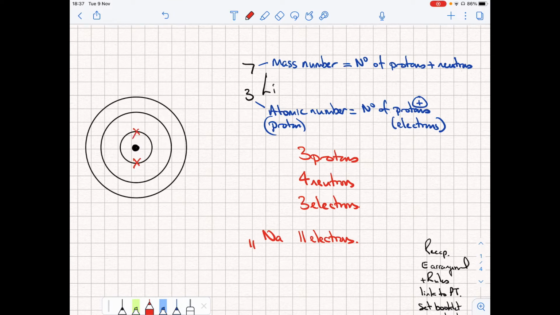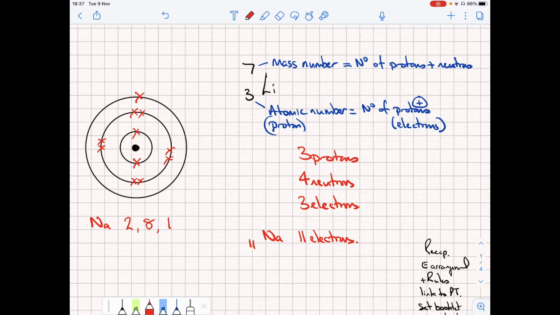And then we fill up 1, 2, 3, 4, 5, 6, 7, 8. So I've got 2 in the first and 8 in the second. That adds up to 10. I need to get myself to 11. So I need 1 more electron to go there, and that gives me 2 in the first, 8 in the second, and 1 in the third energy level. So my arrangement is 2, 8, 1.